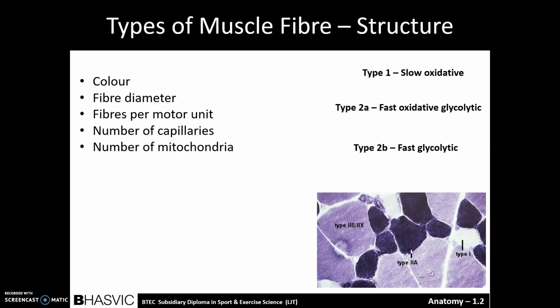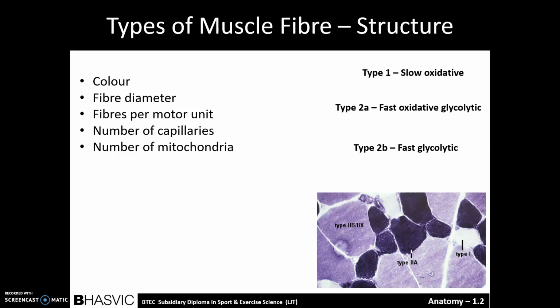But as there are fewer capillaries, that means there's less oxygen, so there would be fewer mitochondria producing the ATP. And also, this is done because it can work aerobically, but also anaerobically. So if it was working anaerobically, it wouldn't have oxygen to work with.